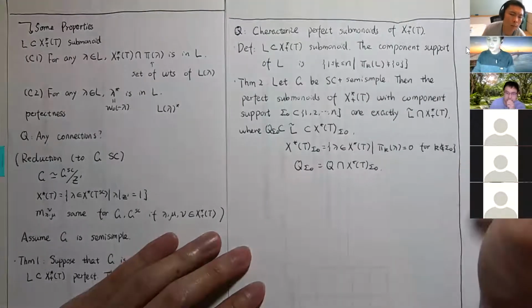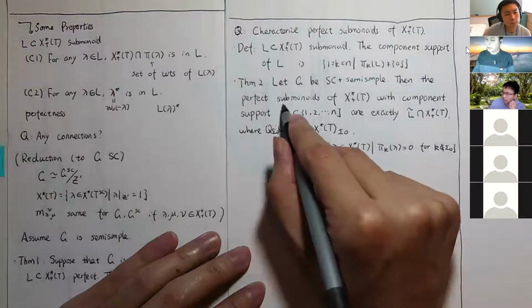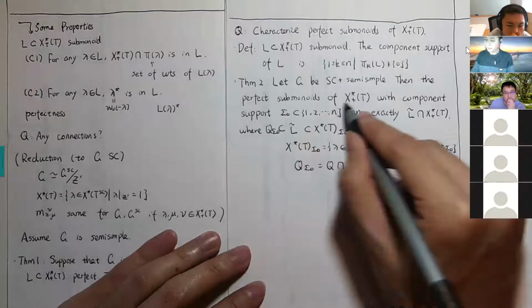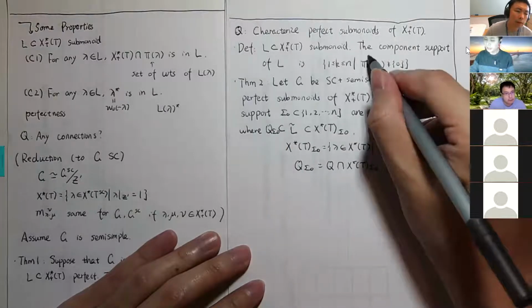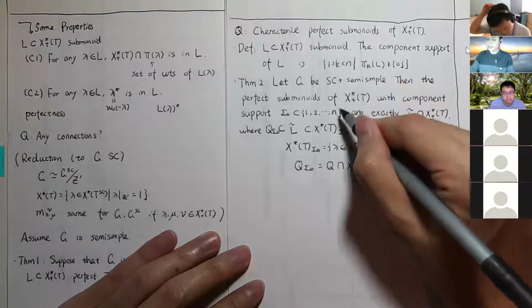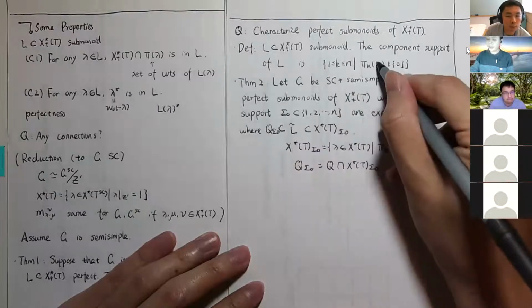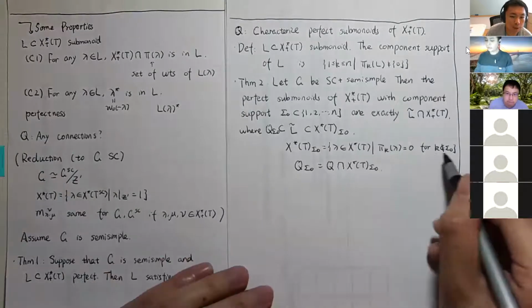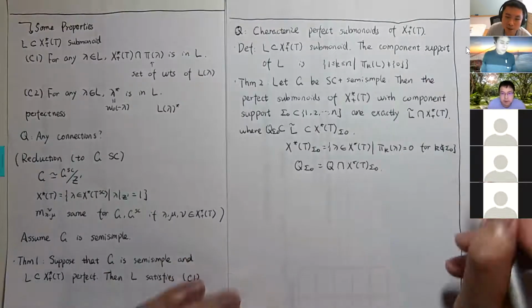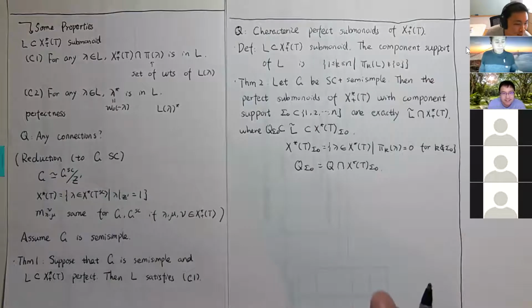For a perfect submonoid with component support sigma_0, that means by this definition, for those k not in the component support, pi_k L is just the zero set. Oh, I see. So for those lambda, yeah. It's my English issue, I broke the sentence in the wrong place.